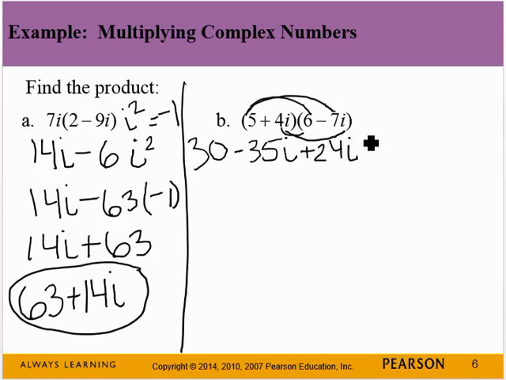And then 4i times minus 7i, so you have negative 28i squared. You can simplify this, combine your like terms.